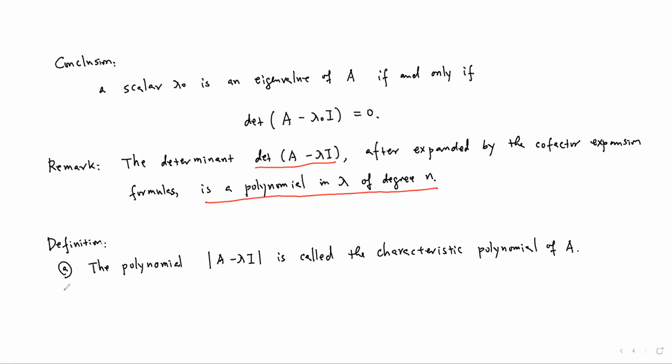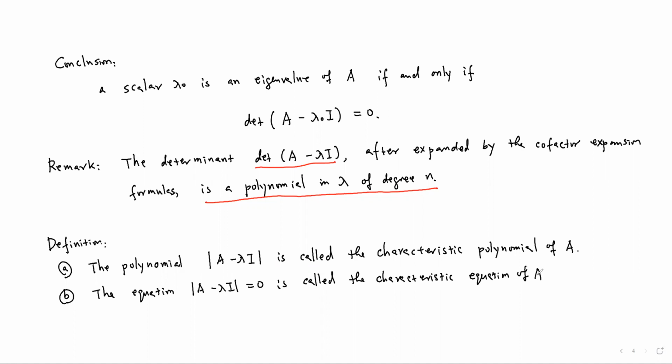Second, the equation, set the determinant to 0. We also give a name to this equation: the characteristic equation of A.